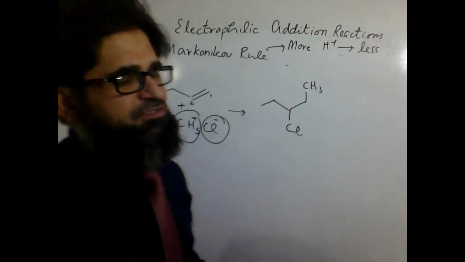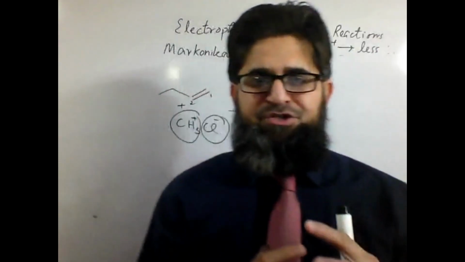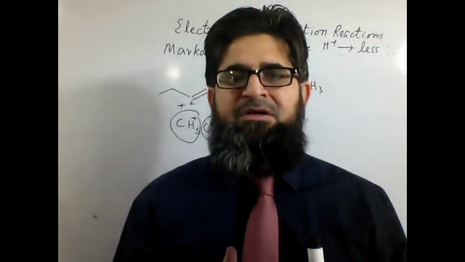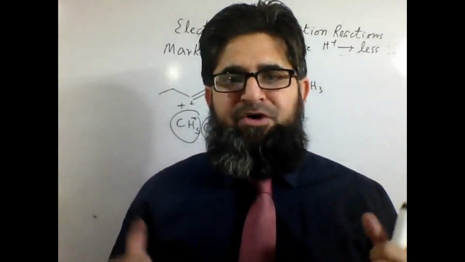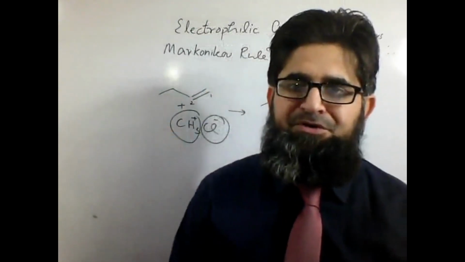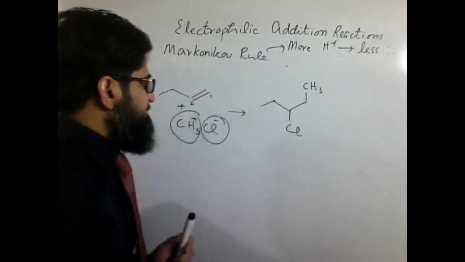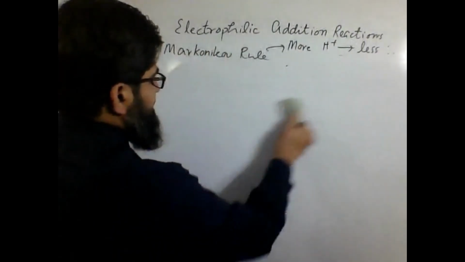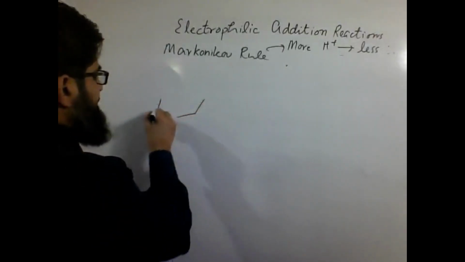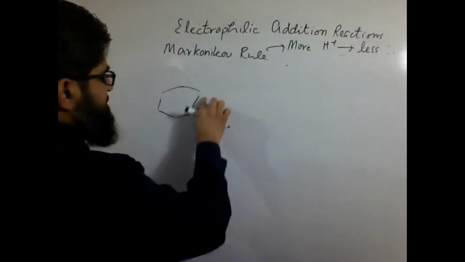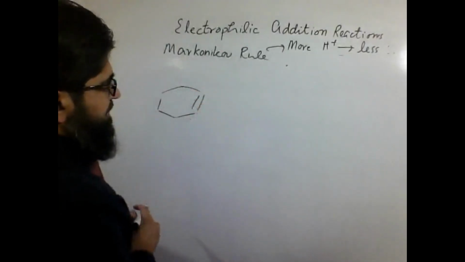So this is all about the electrophilic additions on alkenes which are governed by the Markovnikov rule. What is Markovnikov rule? I've just explained to you. Further, the alkenes can't be the simple ones. They could be part of certain systems like this. This is also an alkene.